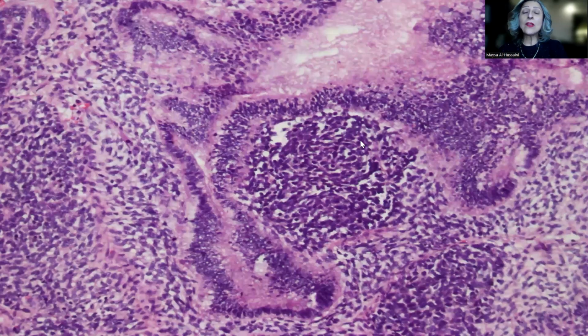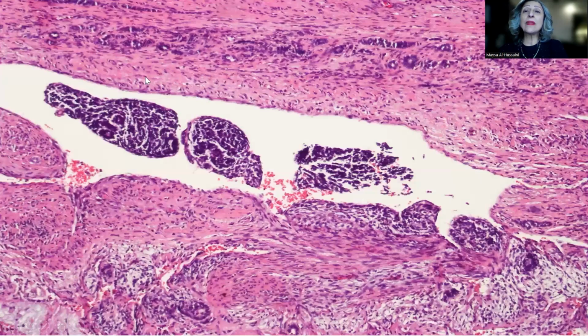Now, one area that was very importantly examined and should always be examined in Wilms tumor in general is the sinus fat, which was negative for evidence of a tumor, but we also have to examine the sinus vessels, and this is a large-sized vein in the sinus showing a tumor thrombus that is lined here by endothelium, and in here shows evidence of attachment to the wall of the vein.